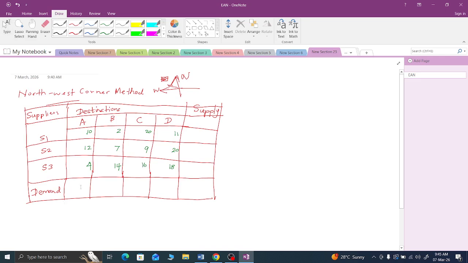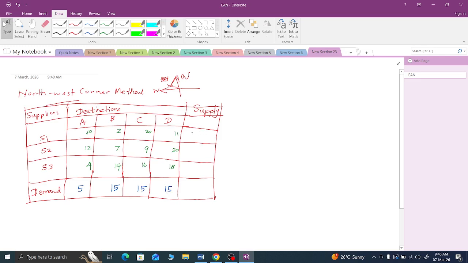So demand, we can see, A store only can have 5, right? Then here 15, say 15 cement bags only they can keep at a time. Here also 15 cement bags they can keep.